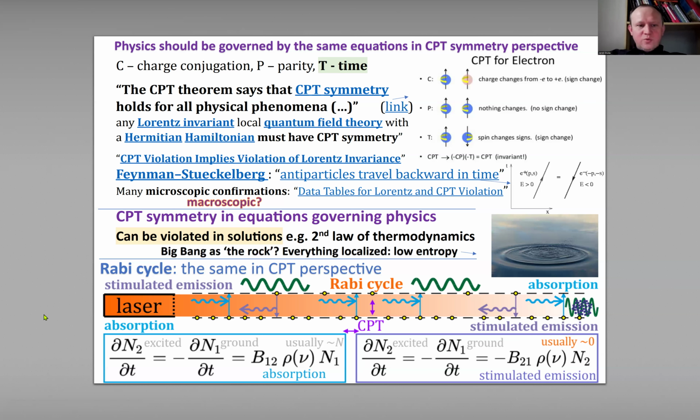There is absorption, in which we increase the number of excited atoms, and stimulated emission, in which the laser causes a decrease of the number of excited atoms. So the laser periodically pushes photons and pulls photons. From the CPT perspective, we just switch stimulated emission with absorption, so this is a very symmetric equation.